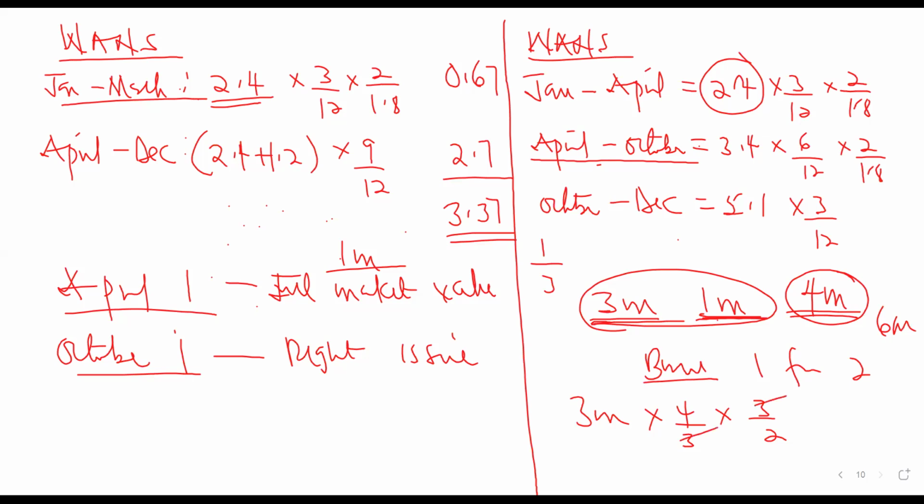So 3 million multiplied by 4/3 multiplied by 3/2 will give you 6 million. So that is how it works. If there's a bonus issue and a right issue, it will be a bonus on bonus.